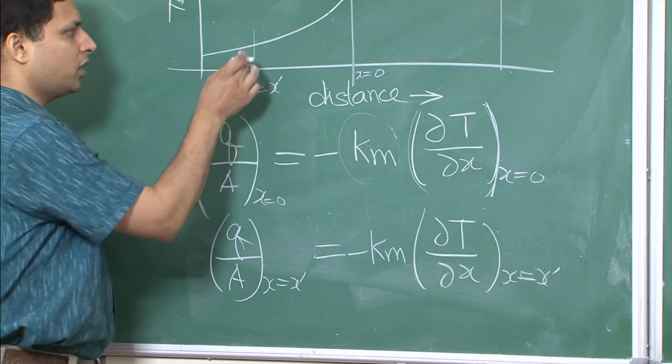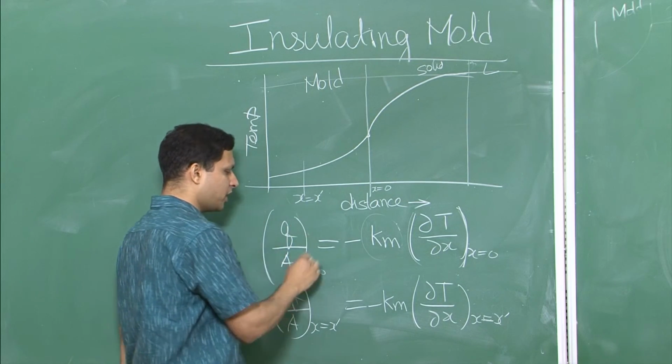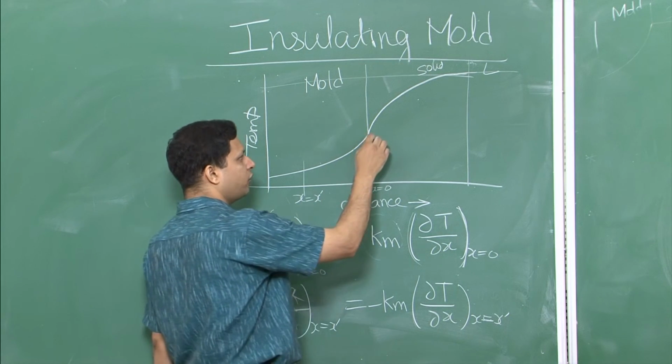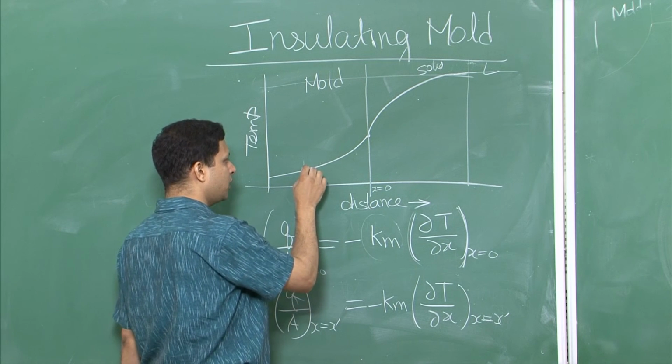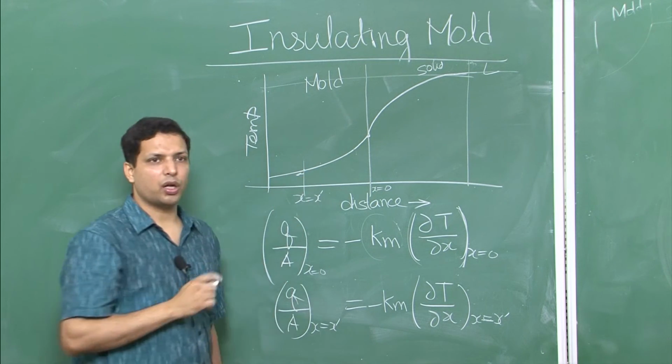So what does this mean? Remember, this represents the total heat flow rate. So the total amount of heat that went into the mold at this point is higher, and the total amount of heat that goes into this point onward is smaller.